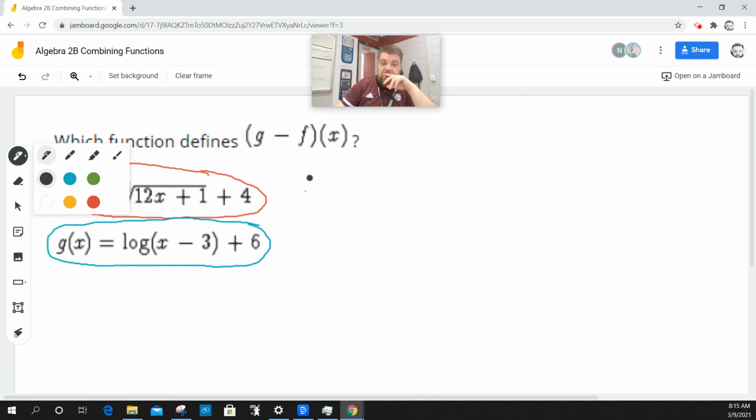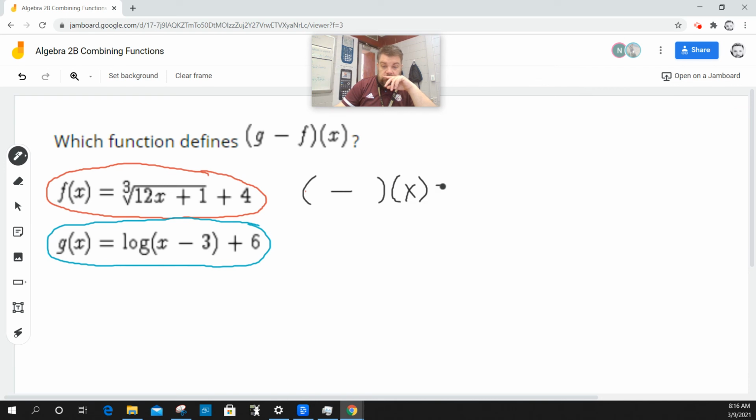So when I say g minus f, I'm literally going to write down log of x minus 3 plus 6.